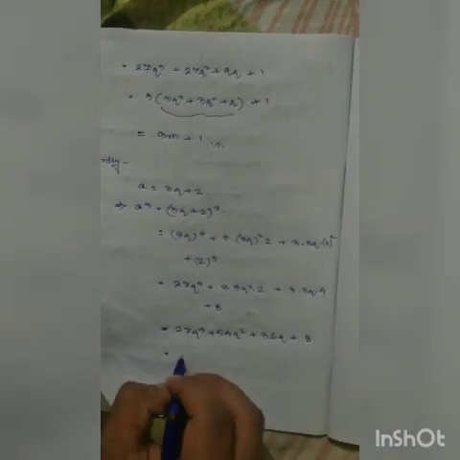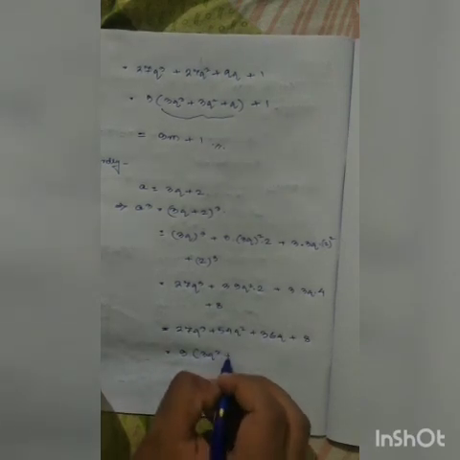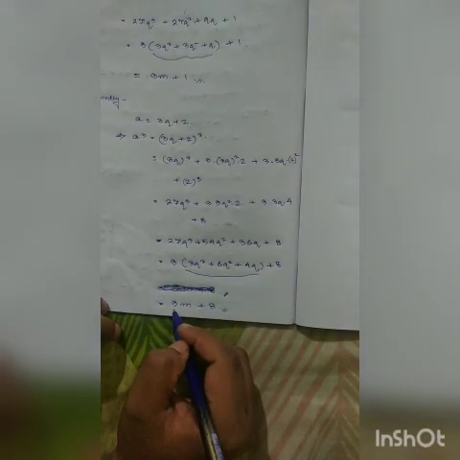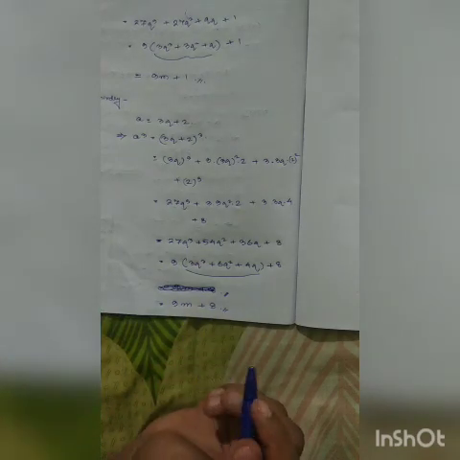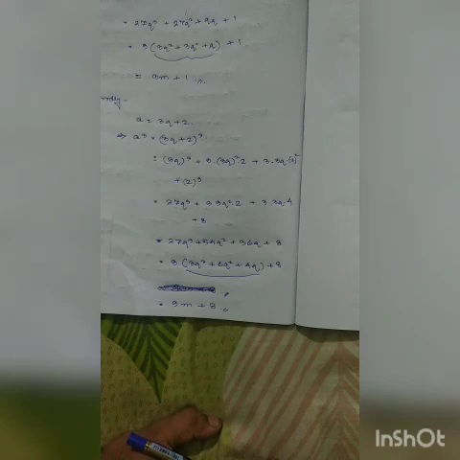So if we take common 9, we get 3q cube plus 6q square plus 4q, plus 8. So this whole thing can be written as m, so we can write it as 9m plus 8. So here we get that the cube of any positive integer can be in the form of 9m, 9m plus 1 and 9m plus 8.